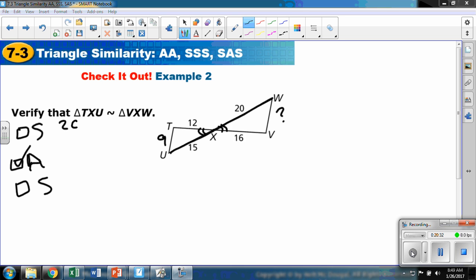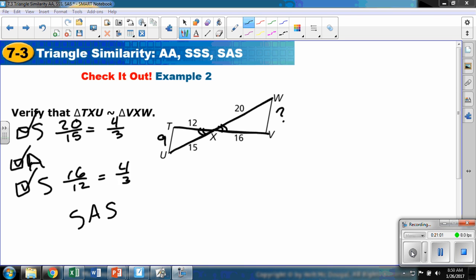So I can put down 20 over 15, which simplifies to 4 over 3. 16 and 12, we divide out by 4, we get 4 over 3. So I've got my pieces. Because of side-angle-side similarity, I know that these triangles are similar to each other.